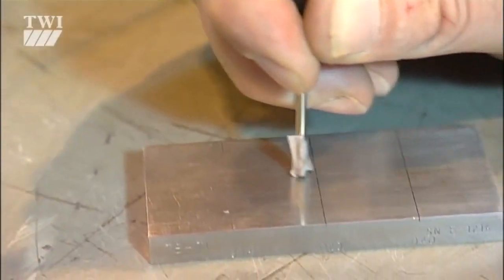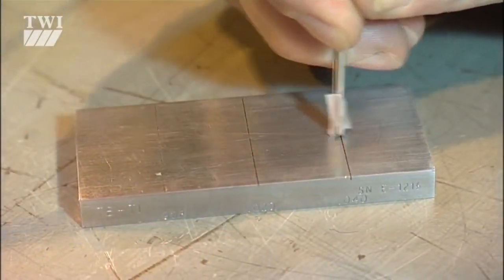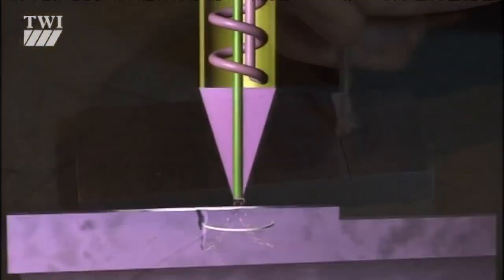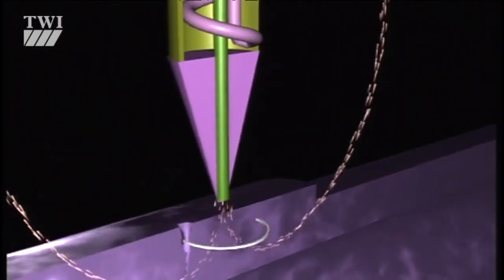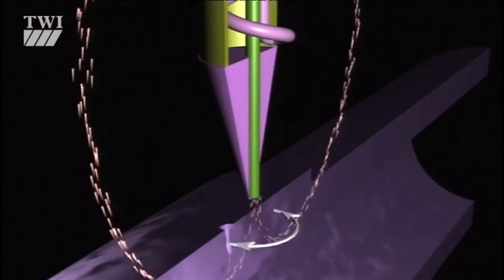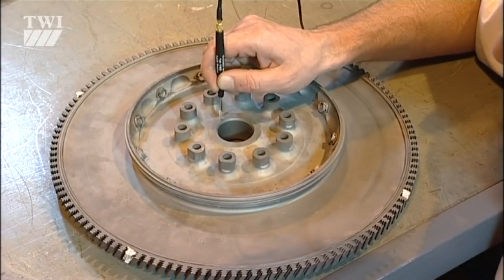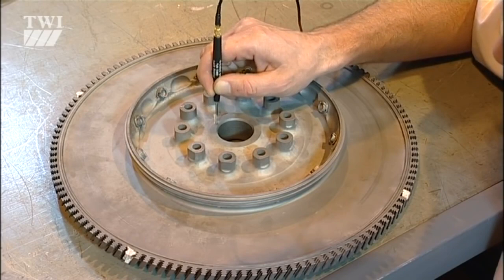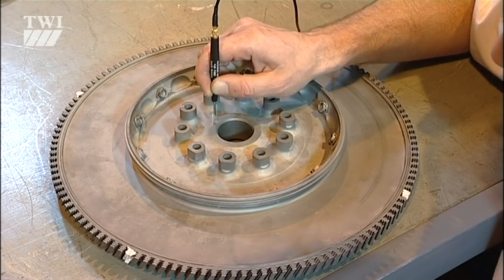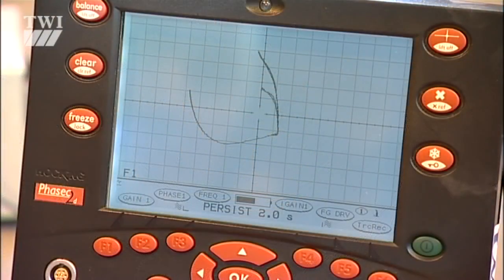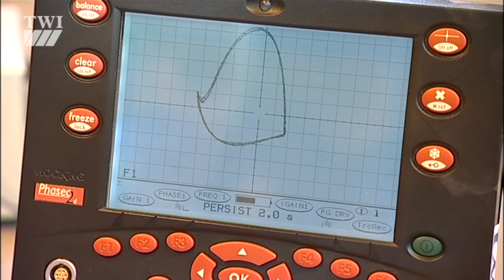Now to eddy current testing. In standard eddy current testing, a circular coil carrying an alternating current is placed close to an electrically conductive specimen. The alternating current generates a changing magnetic field which interacts with the test object and induces eddy currents. Standard eddy current testing is essentially a near-surface technique.